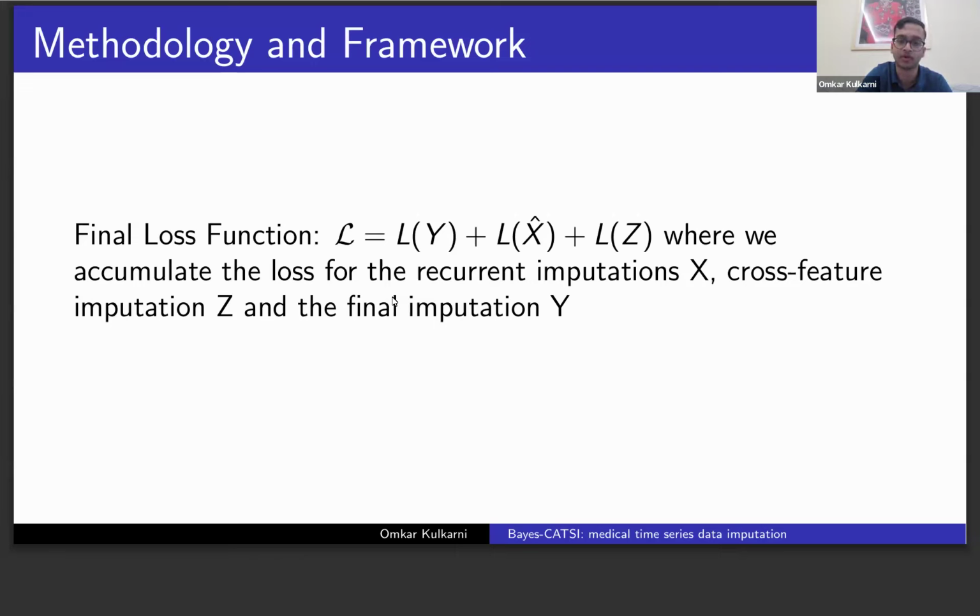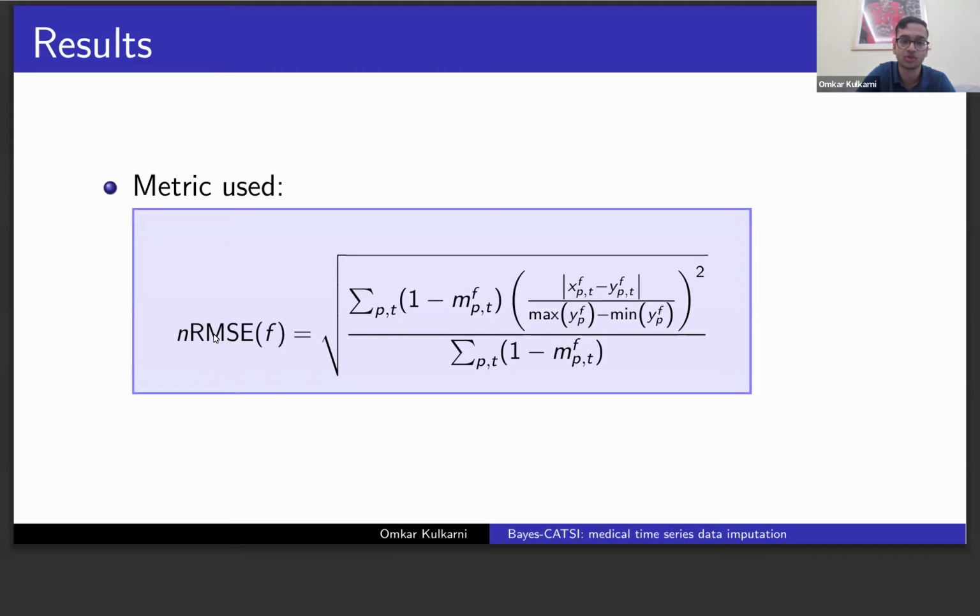Coming to the results, we use the metric normalized root mean squared error, in which the first component, 1 minus m, represents the observation matrix, as in the values which are present, where m is the missing rate.